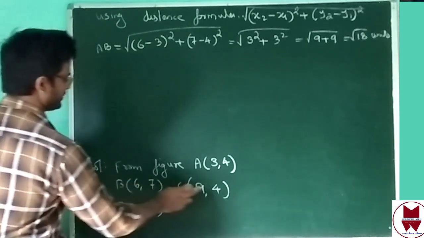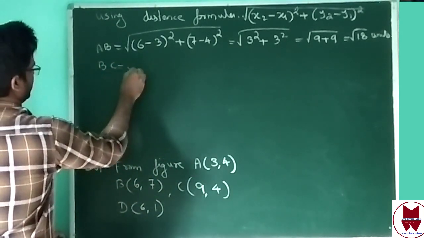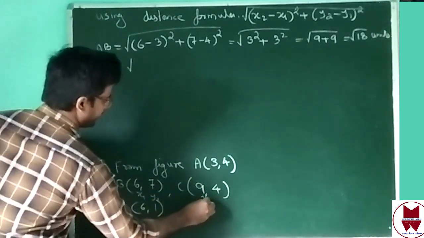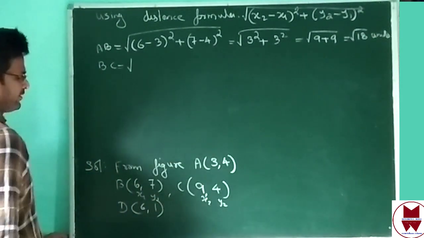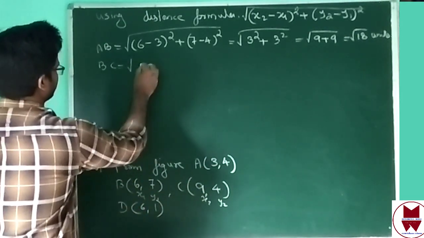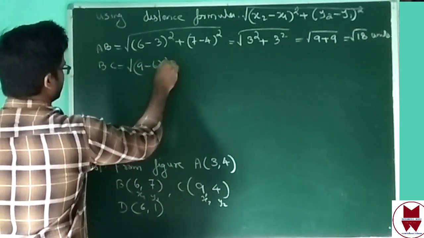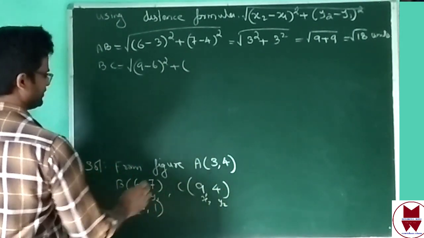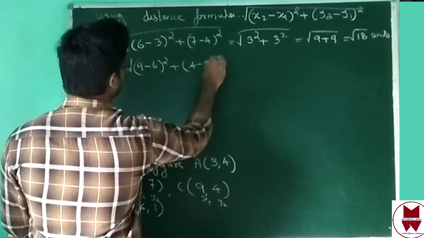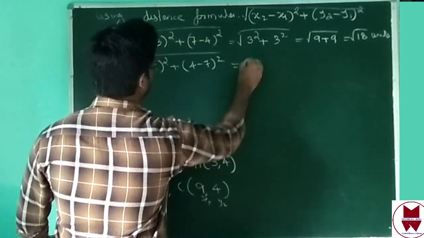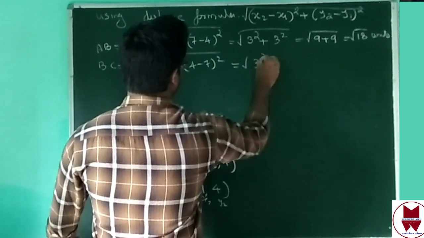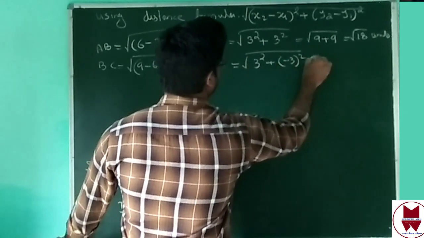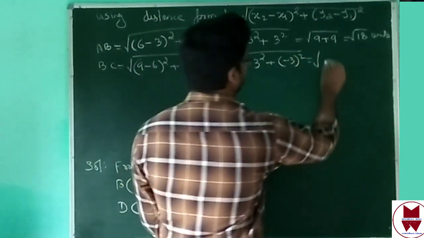Next BC. BC equal to, we will consider B and C. This is x1 y1, this is x2 y2. x2 minus x1, 9 minus 6 whole square, plus y2 minus y1 whole square, that is 4 minus 7. 9 minus 6, 3 square. 4 minus 7, minus 3. 3 square is 9.